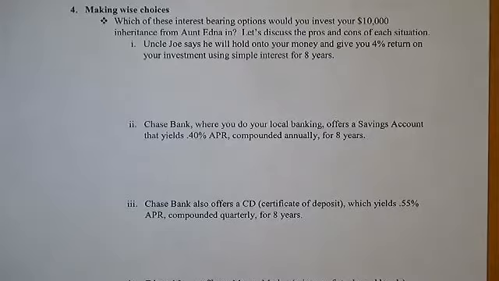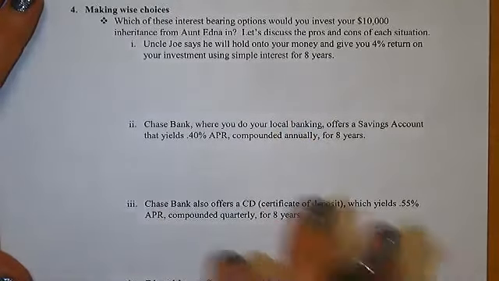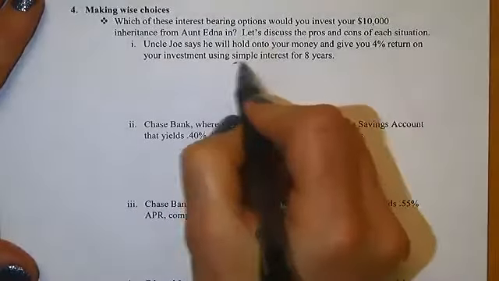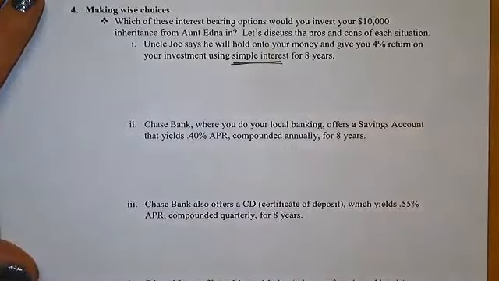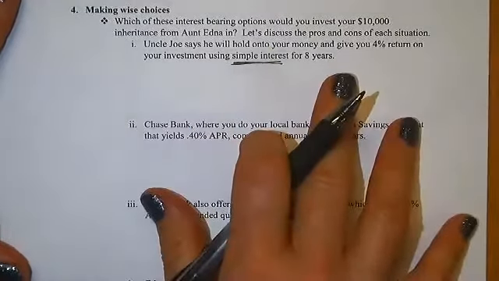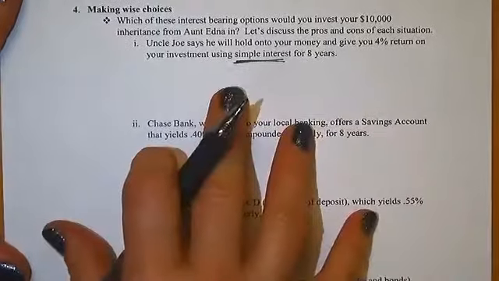So what we're going to do is figure out each of these and figure out what the future value and or interest would be. The first one is simple interest. It says Uncle Joe says he will hold on to your $10,000 and he'll give you a 4% return on your investment.